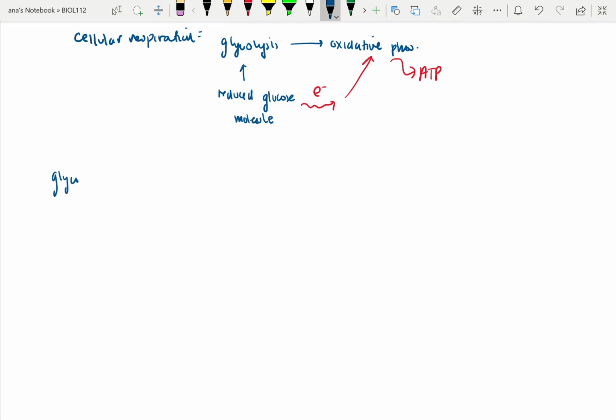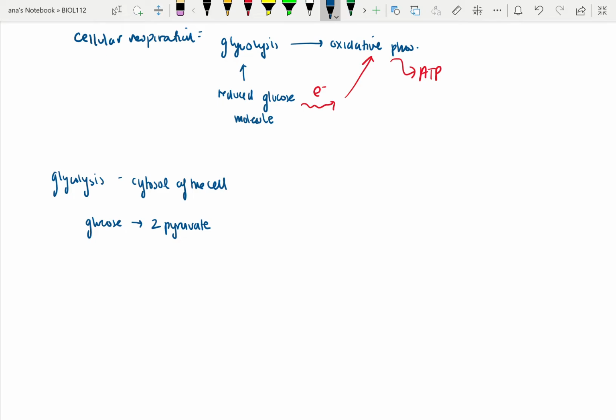With glycolysis being the first step, glycolysis is a process that occurs in the cytosol of the cell. It is really the process of going from a glucose molecule to two pyruvate molecules. We can break it down into phases.